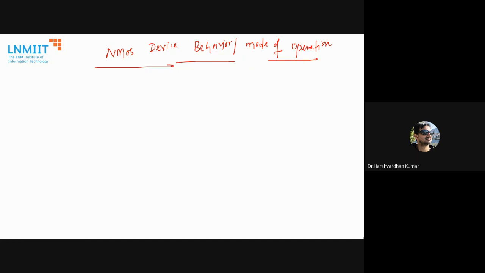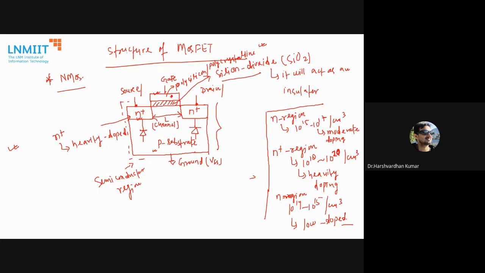The first mode is known as accumulation mode. Go back to the structure. Let the gate voltage be represented by Vg, the source voltage by Vs, and the drain voltage by Vd.